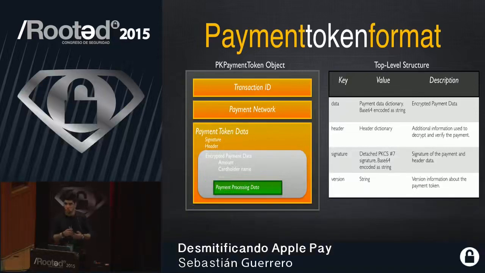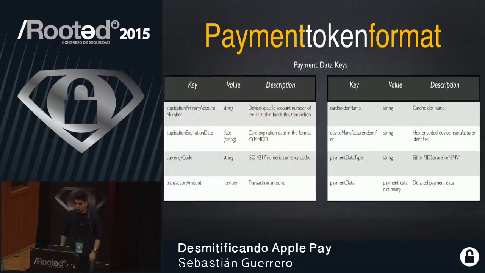We find 4 fields. Firstly, the data, which is a ciphered dictionary containing the information in the next slide. Then we have a header adding additional information to decipher the data, the typical signature to check there are no changes in between and that it is worthy of our trust, and then the encrypted payment data.